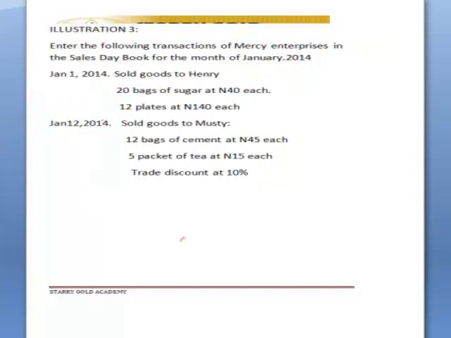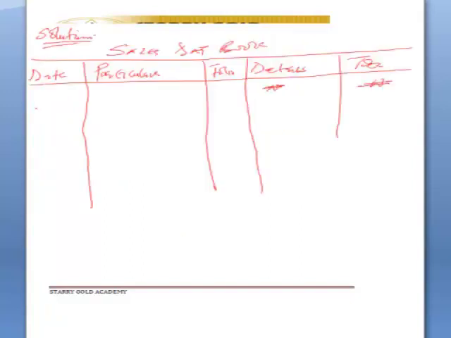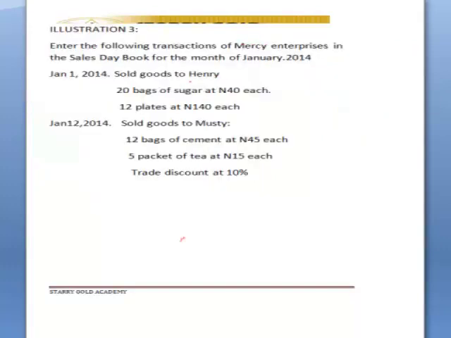The date is January 1st, 2014. The first transaction there is Henry.